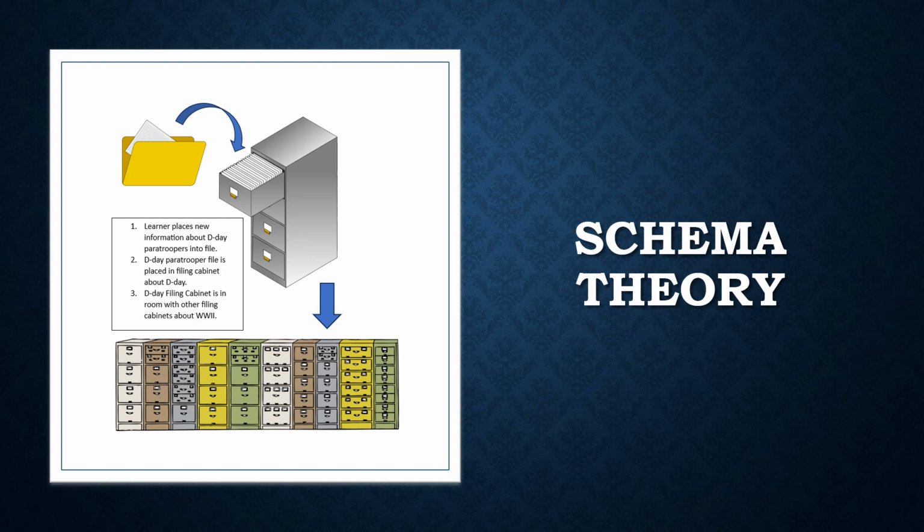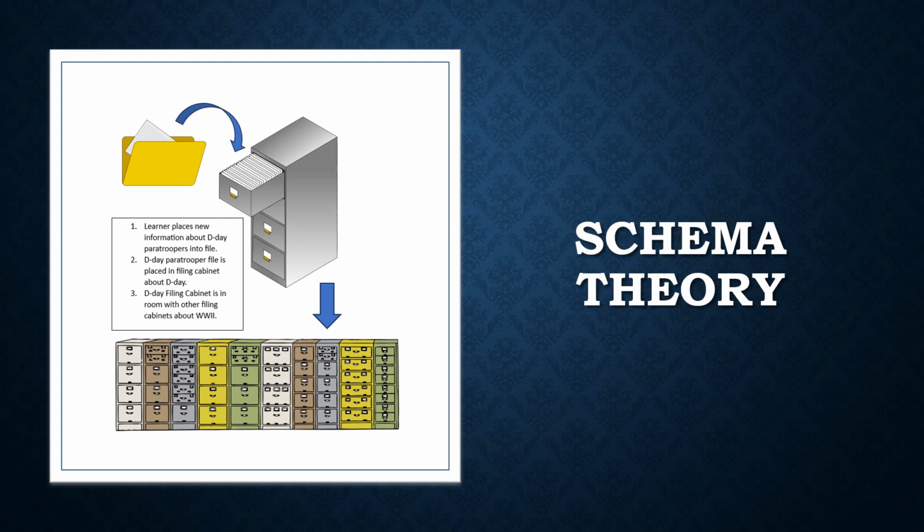So the theory suggests that the more elaborate a person's schema is on one topic, the more easily they will be able to learn new information and acquire new knowledge on that topic. Without this existing schema or these filing cabinets, it's difficult to learn new things about that topic.